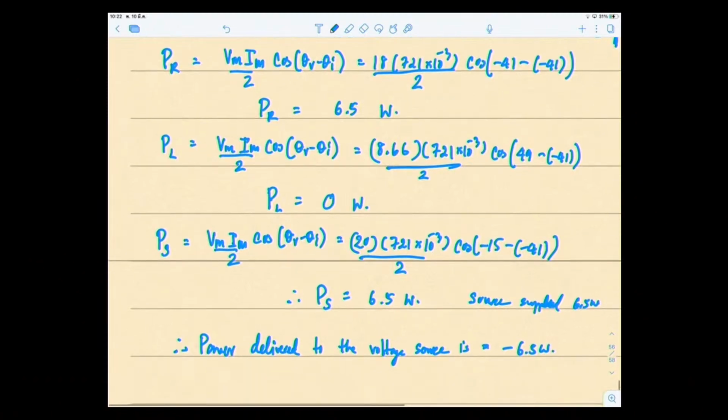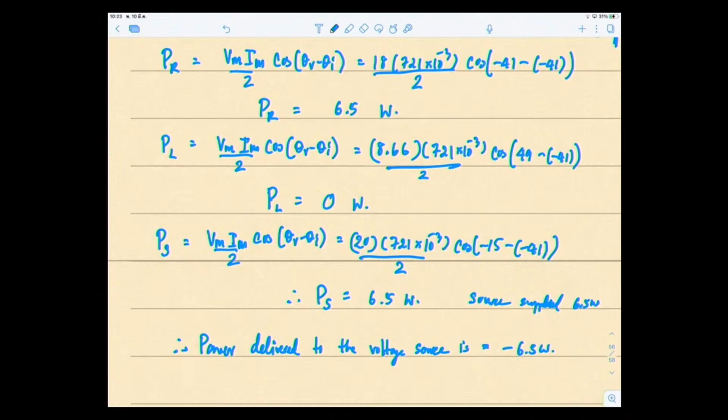Anyway, from the answer you see that the source supplies 6.5 watt, all of which is absorbed in the resistor of the circuit, and the inductor does not absorb any average power.